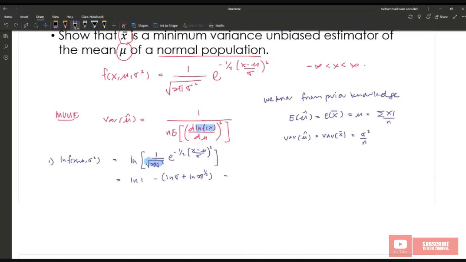And then minus for the next parameter, minus, because the negative half is placed in front, 1 over 2 times (x minus mu divided by sigma) squared. This is ln e. Right, that's why we got minus.